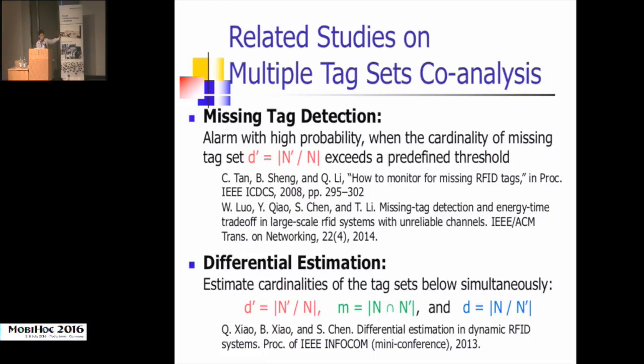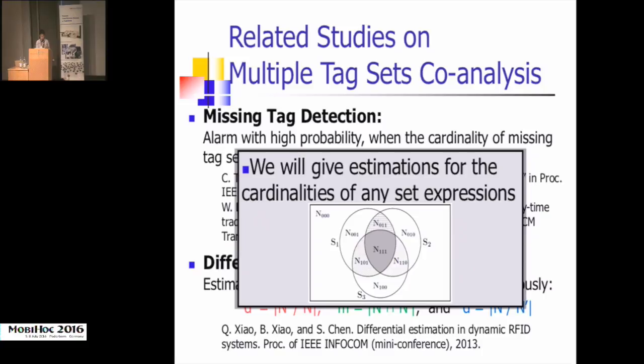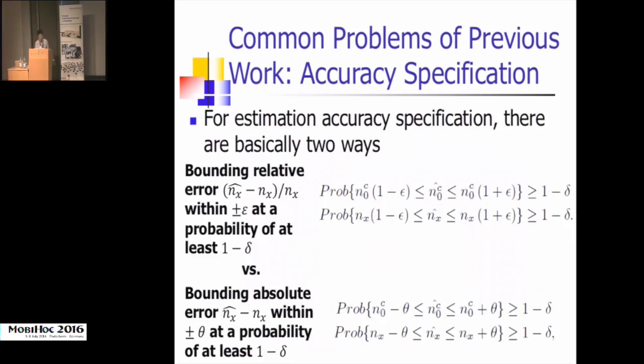You can see that they all cope with just 2 tag sets, like M prime and N, and they want to estimate quite simple set expressions, just with 2 tag sets. And our problem is we want to give an estimation for the cardinality of any set expression. This example is just for three tag sets.